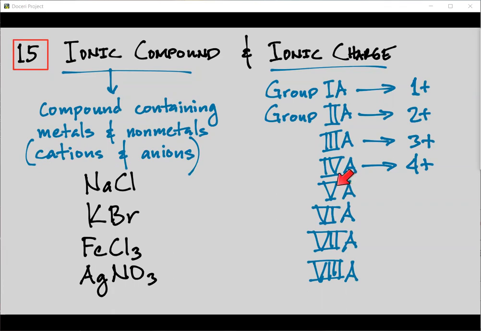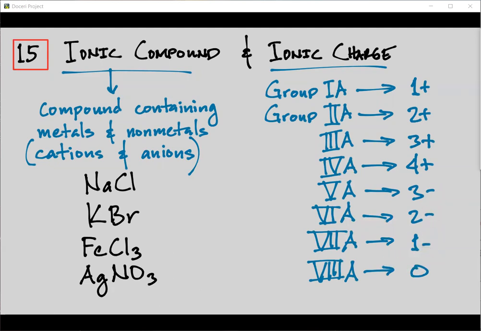Starting with group 5, like nitrogen, essentially you subtract 8 from the group number. So 5 minus 8 equals negative 3. And so group 5 would have a negative 3 ionic charge. And then 6 minus 8 is negative 2. 7 minus 8 is negative 1. And then 0. So negative 3, negative 2, negative 1, and 0.